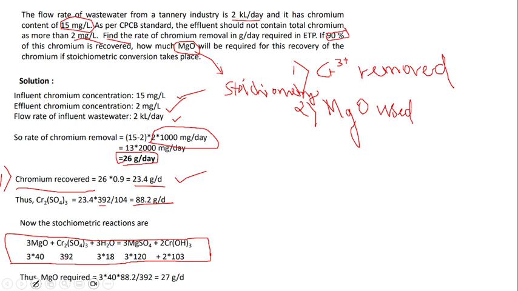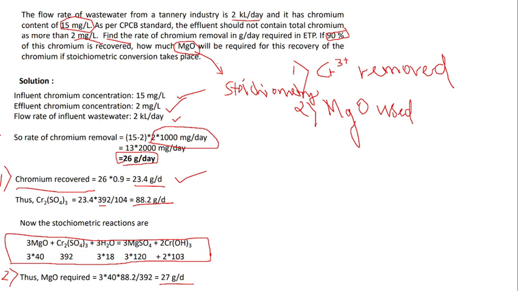So for 88.2 grams, we multiply by 88.2 over 392, which is about 27 grams per day. So 27 grams of MgO is required for the treatment of 88.2 grams of chromium sulfate. This is part 2.